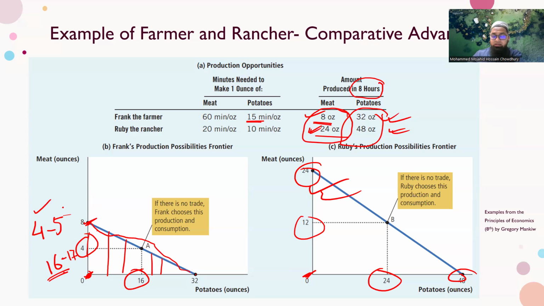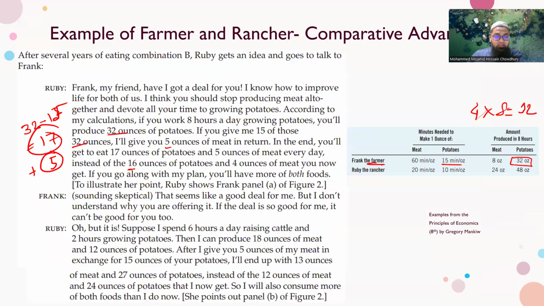You see, it increases by 1 and 1. So it's 17 ounces of potatoes instead of 16, and 5 ounces of meat instead of 4 you now get. If you go along with my plan, you will have more of both foods. But it sounds skeptical.